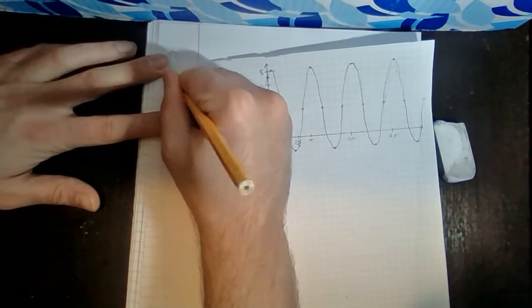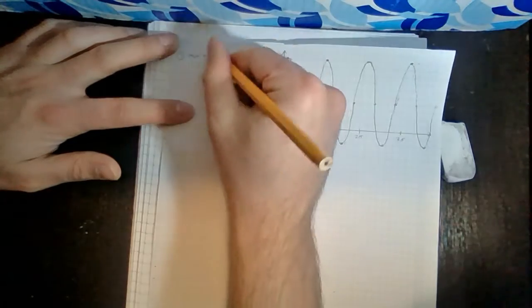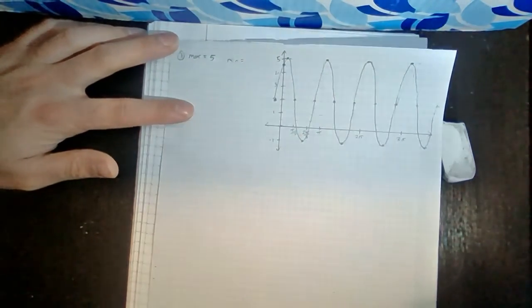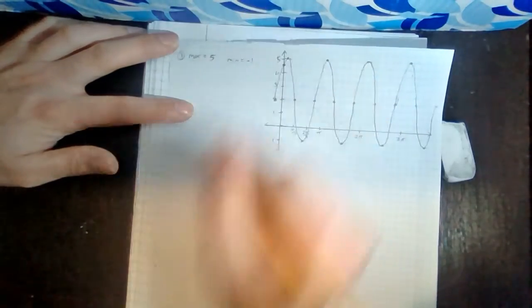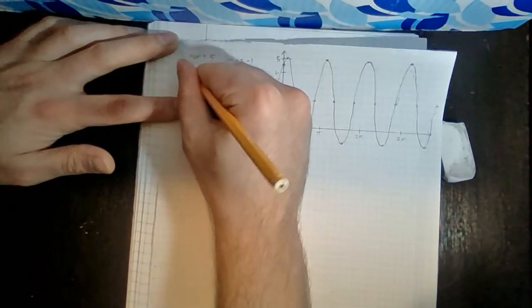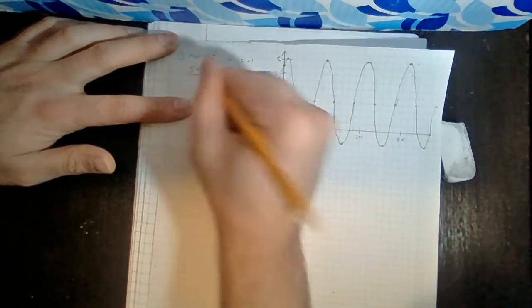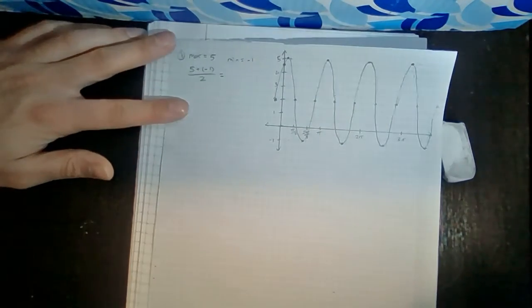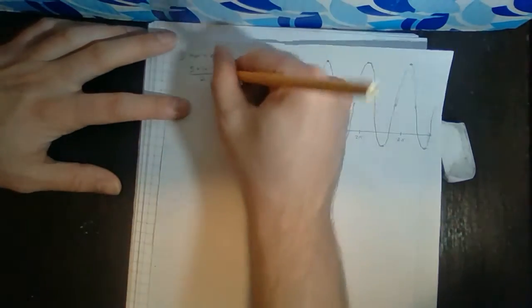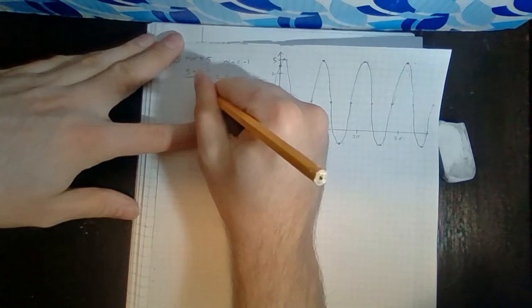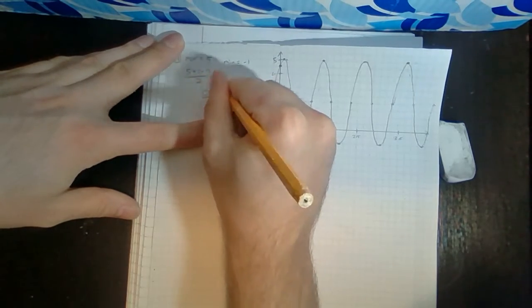So we need our maximum, which in this case is 5, and our minimum is -1. So we're going to add those together. So 5 plus -1 over 2. 5 minus 1 is 4, divided by 2 is 2. So C equals 2.